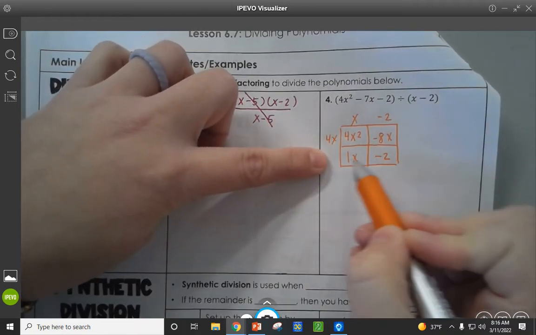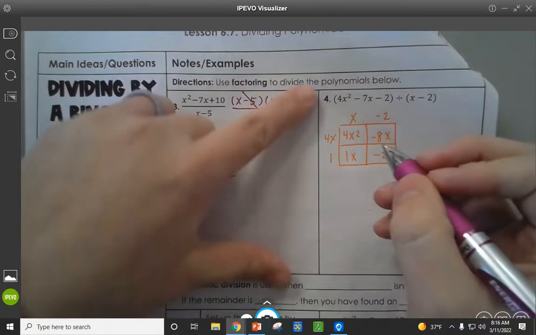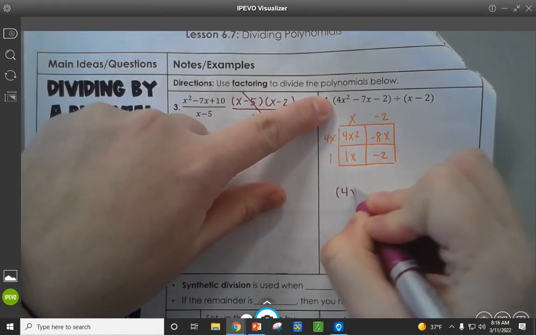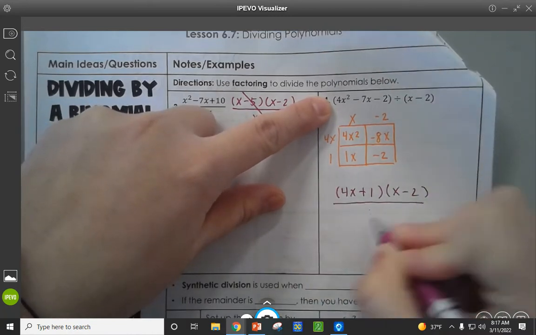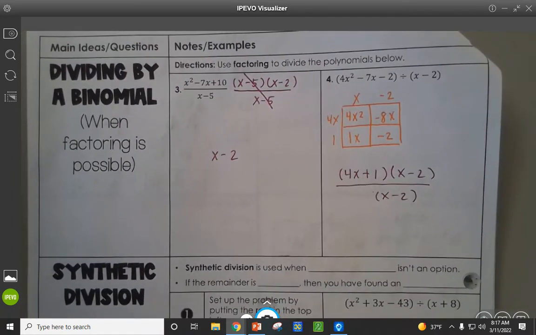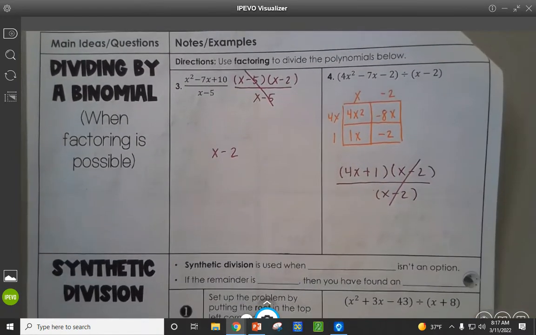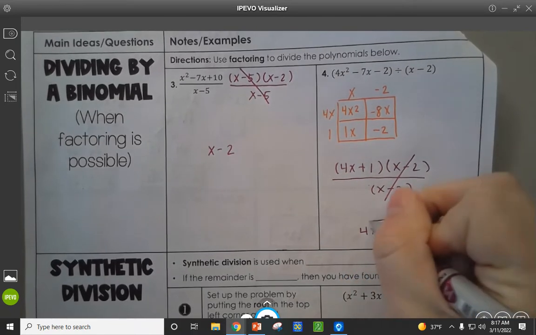And this row, just 1. Yep. So we really have 4x plus 1 and x minus 2 over x minus 2. And those cancel. So 4x plus 1.